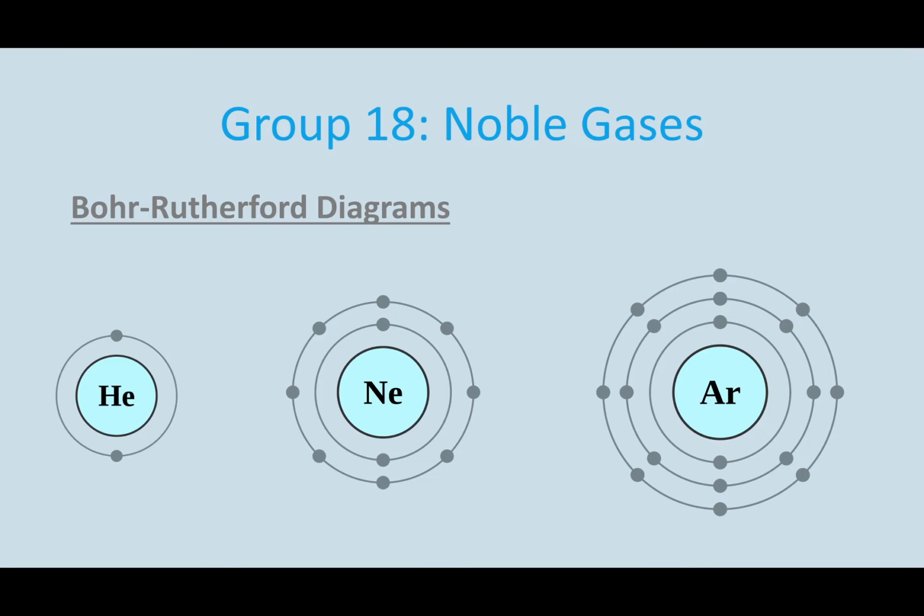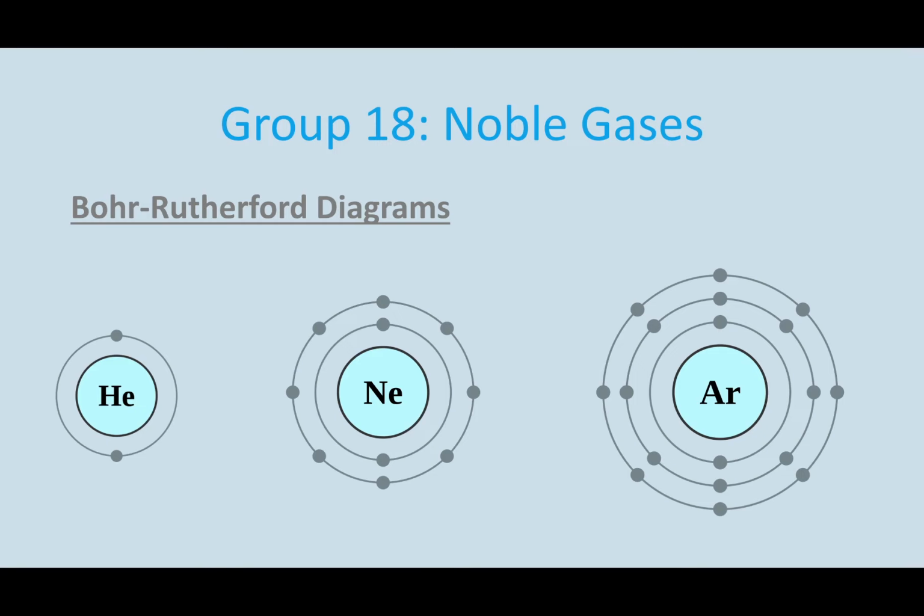So looking at the noble gases in their Bohr-Rutherford diagrams, the reason why they're so non-reactive, we'll touch on this later. An element or an atom is reactive or becomes reactive or wants to react to basically get a full valence electron shell. So that outer shell, the atoms want to be full.